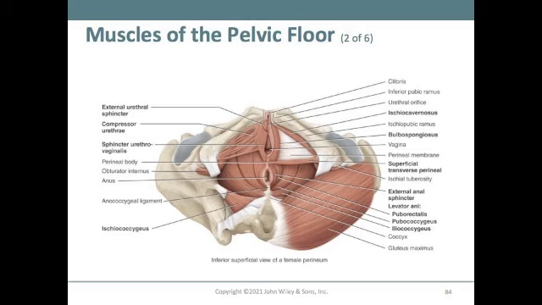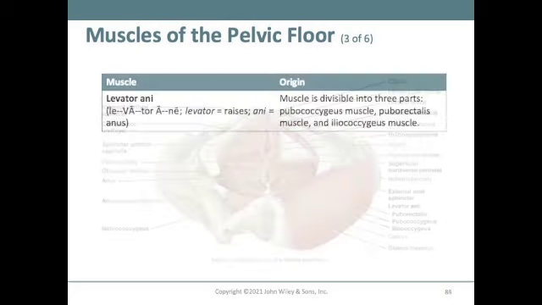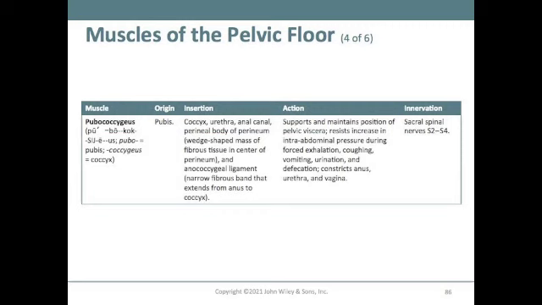In other words, the male anatomy in this area versus the female anatomy in this area is significantly different. One of the things I'd like to point out is that unlike the male, the female has this opening here that goes into the pelvic floor. It's just one of the many differences of males and females here.